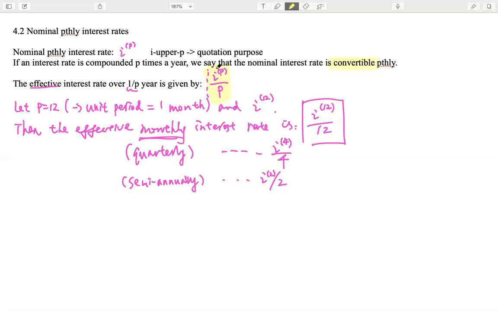In practice, usually we pick one of those numbers because we want the example to have practical meaning. In most cases, it's monthly.